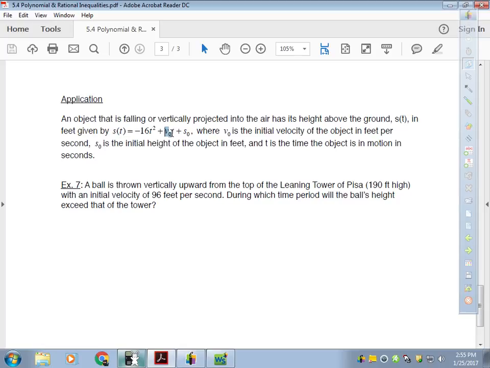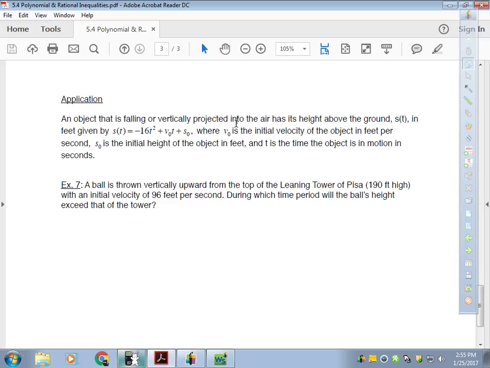It's positive if it's launched or thrown up. It's negative if it's launched or thrown down. S sub 0 is the initial height of the object when it first gets launched or thrown. The t's represent time. How much time in seconds has the object been moving?